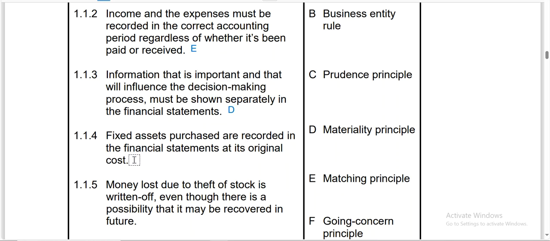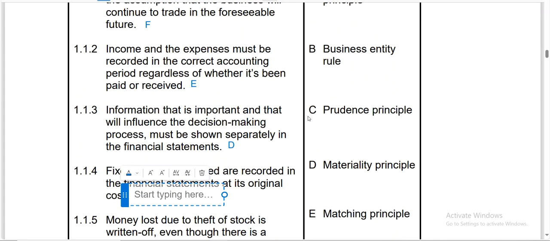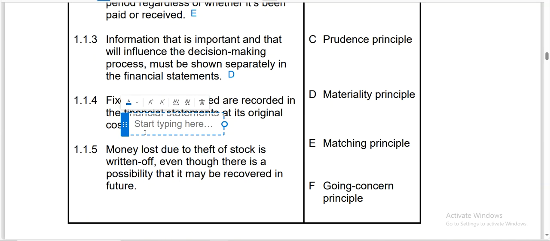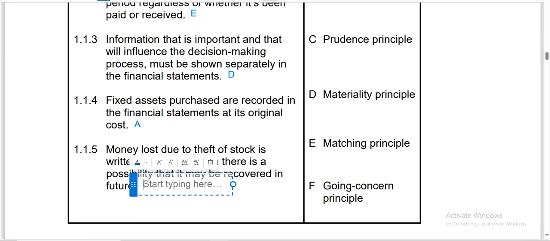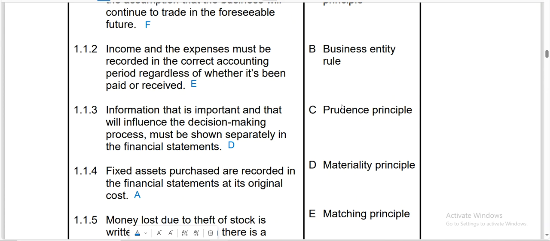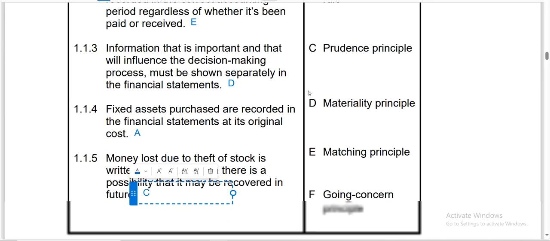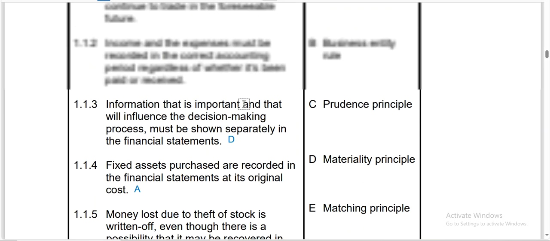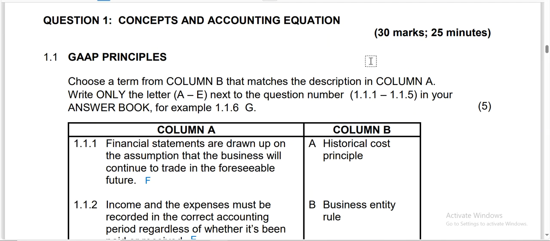So this will be historical cost, which is letter A. So we would have A here. Next, money lost due to theft of stock is written off even though there is a possibility that it may be recovered in the future. This will be prudence, which is letter C. So in so doing, you will be done with the first 5 marks of your question 1.